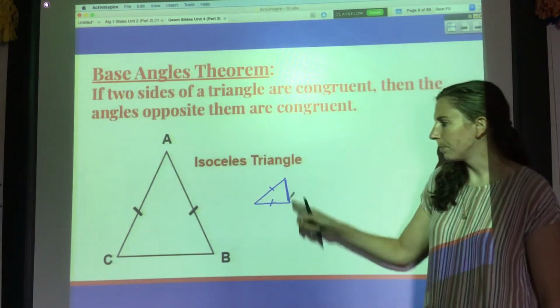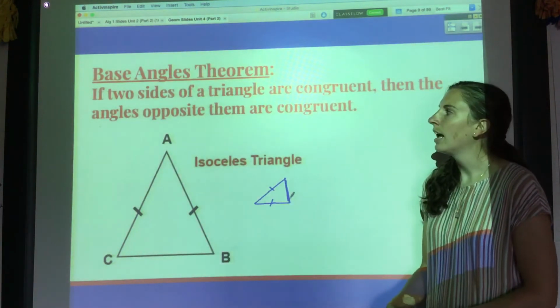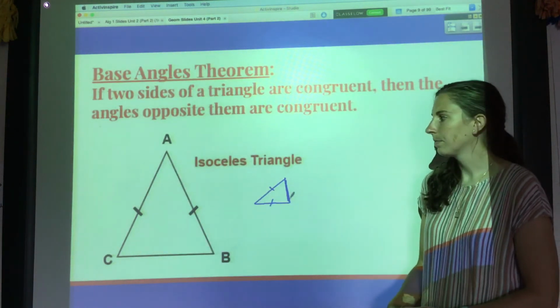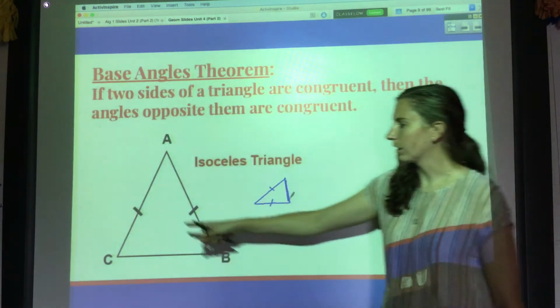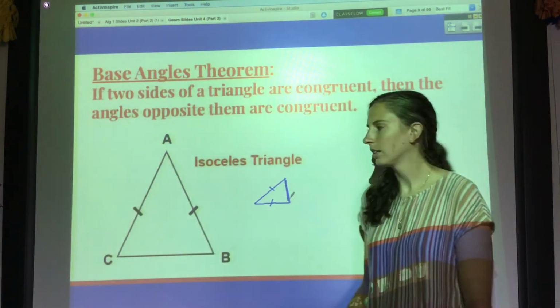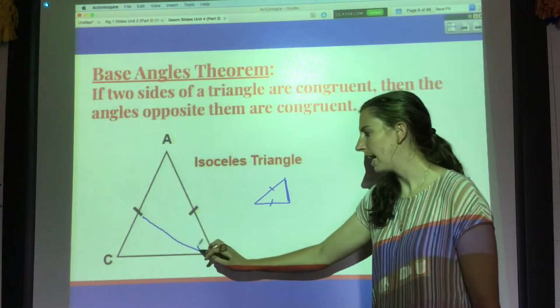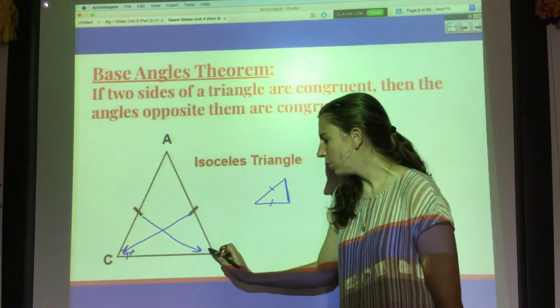And so these 2 angles, we call those base angles. And they're always congruent, as long as the triangle is isosceles. So if 2 sides of a triangle are congruent, then the angles opposite them are congruent. Basically, like this side goes with that angle, this side points to that angle, and so these 2 are congruent.